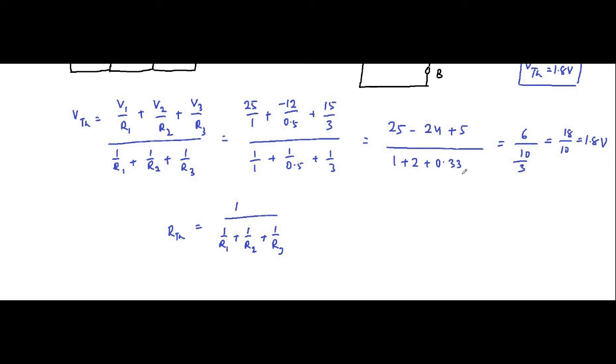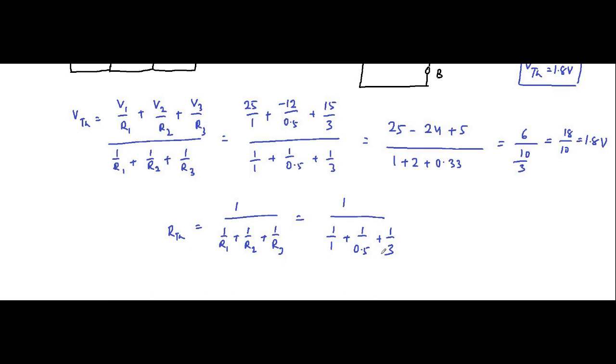So RTH will be 1 divided by (1 by 1 plus 1 by 0.5 plus 1 by 3), which is 1 divided by (1 plus 2 plus 1 by 3).